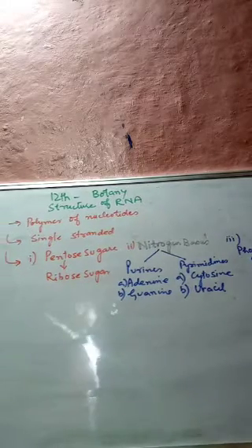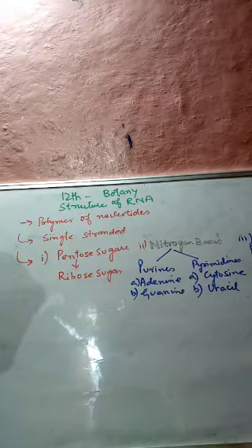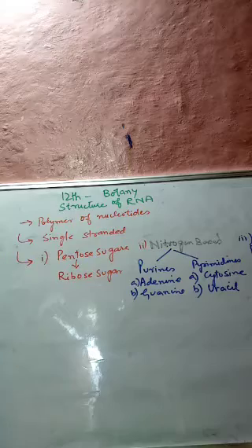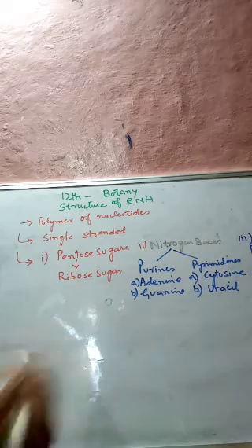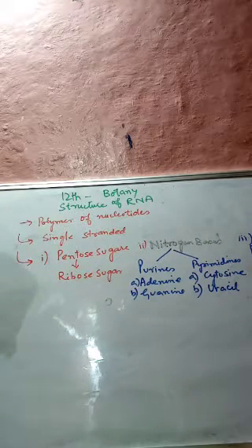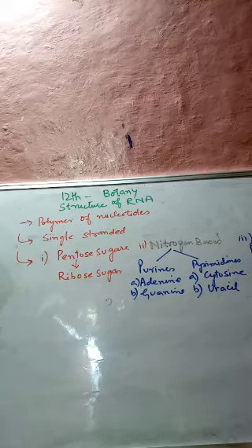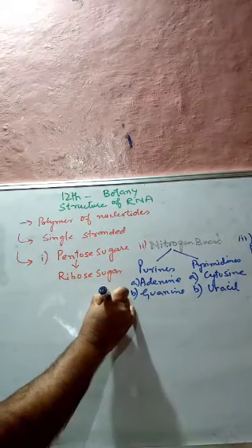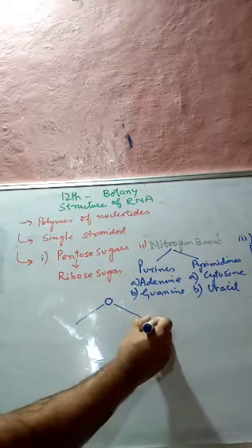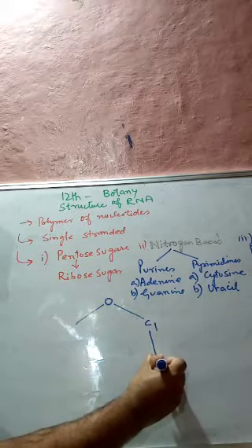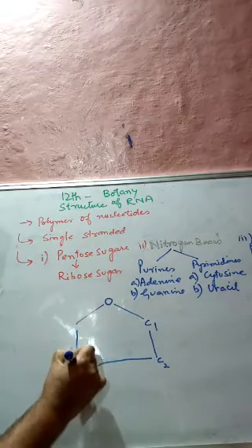Now, if we try to draw the structure of RNA versus DNA, this is the pentose sugar: this is carbon first, carbon second, carbon third, and carbon fourth.